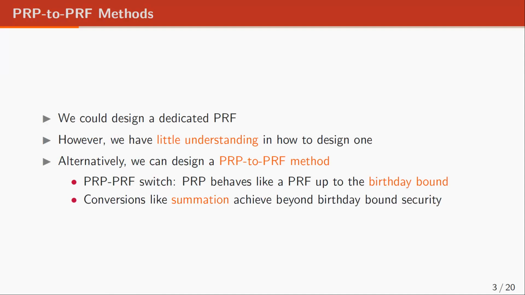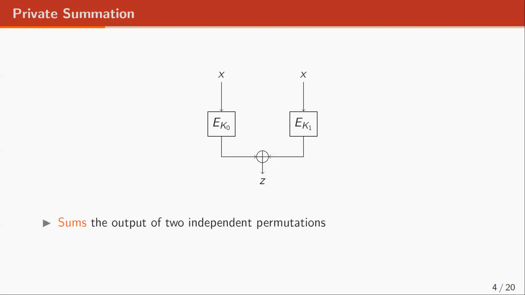So we can also look at other constructions that give beyond birthday bound security. One of these is the sum of two permutations. The sum of two permutations takes two independent instances of a PRP, gives the same input to both of them, and then sums their outputs together using an XOR to get the output of the PRF.